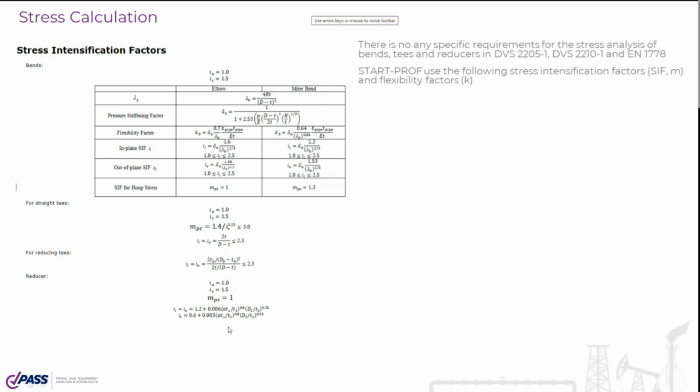But actually, some users of the software are required to use their own stress intensification and flexibility factors. So in the latest version of the StarProf software, which will be released in approximately 1 month, we add the ability to define custom stress intensification and flexibility factors.